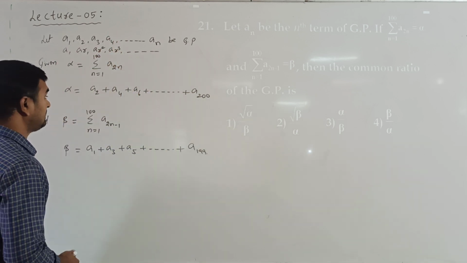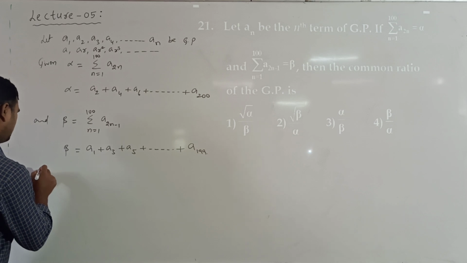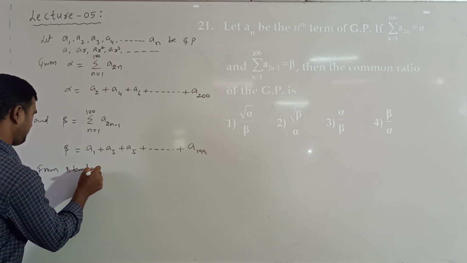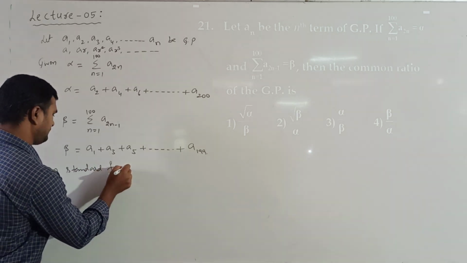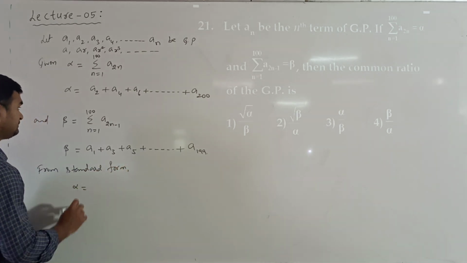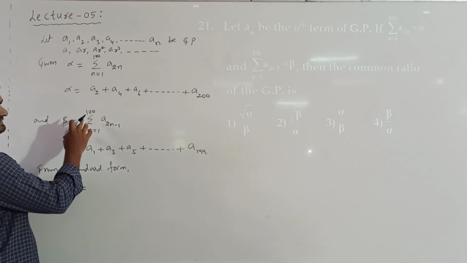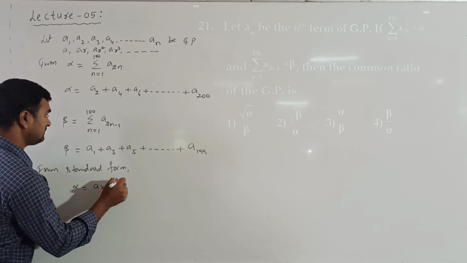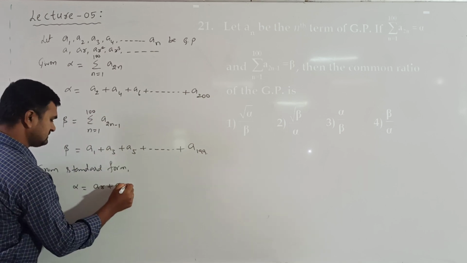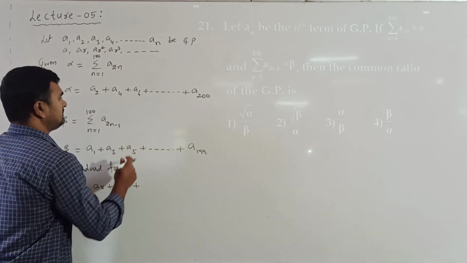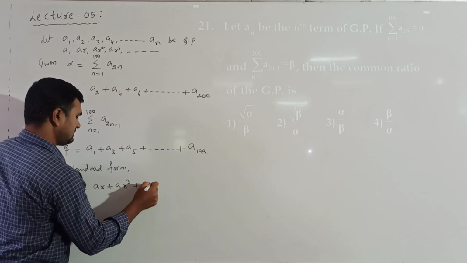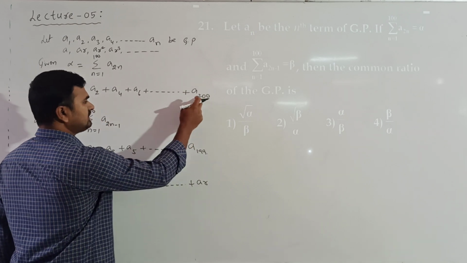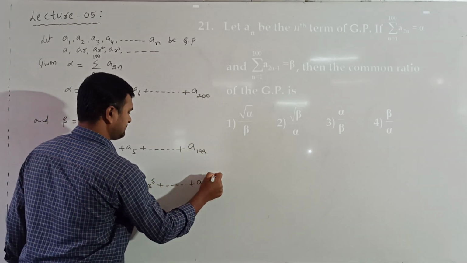So what do we get for alpha from the standard form? Alpha is a2, the second term ar, a4 means ar cube, next ar power 5, and so on up to ar power 199.